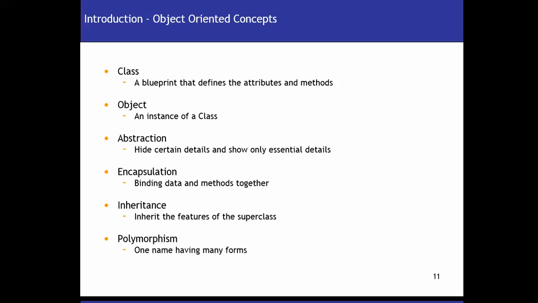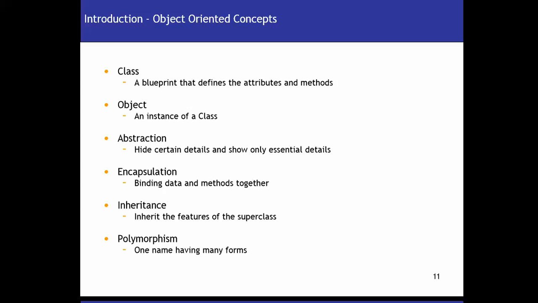Okay, next is polymorphism. Polymorphism is nothing but one name having many different forms. A simple example which I can tell is, suppose you are calculating the area of a square. So area of a square is a square, right? And take another object, a rectangle.